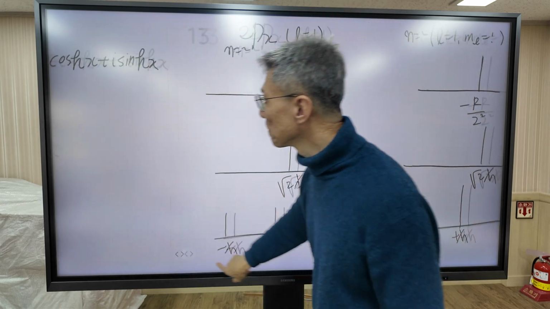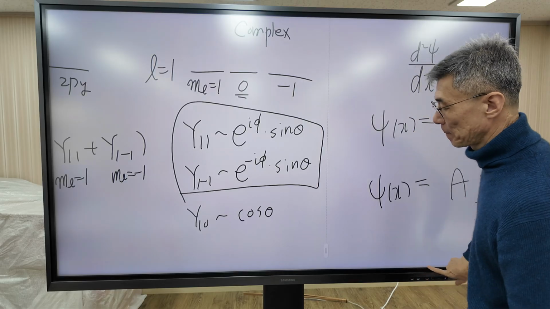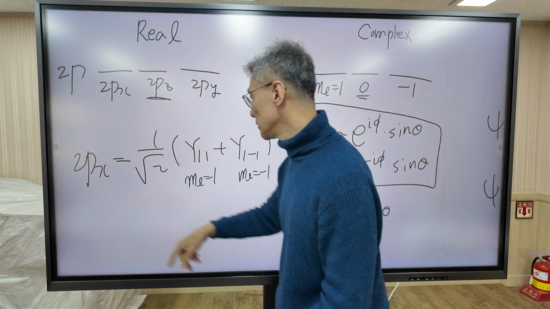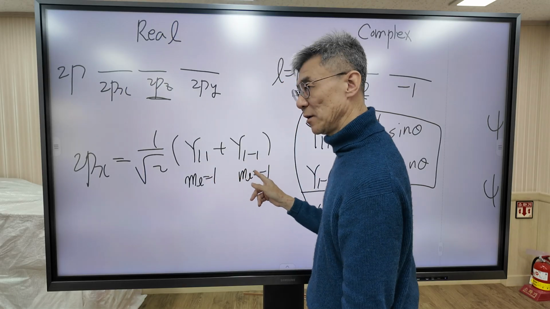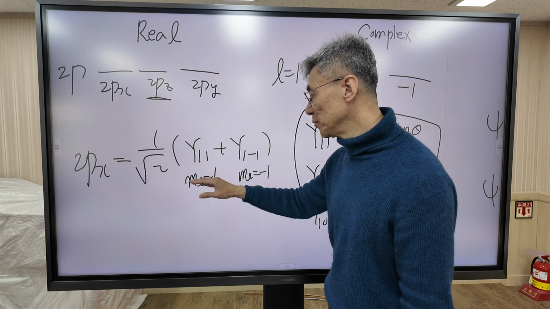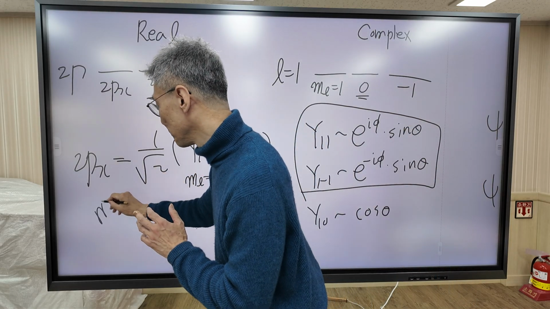Why? As I said before, the 2px orbital is the sum of these two orbitals, the ml equal 1 orbital and the ml equal minus 1 orbital. So the 2px orbital is a superposition, or sum, of two orbitals. So in this orbital, ml is not defined.